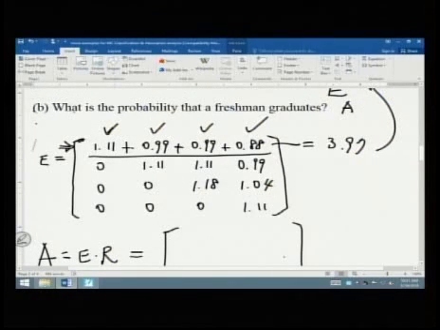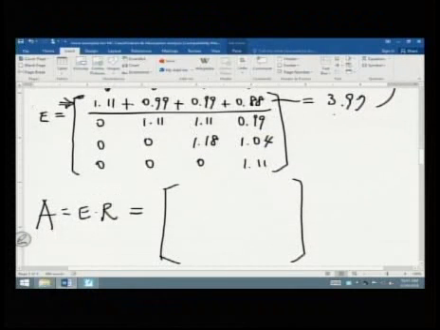This time, it's asking the probability that a freshman graduates. So within the matrix A, which value do we need to look at?